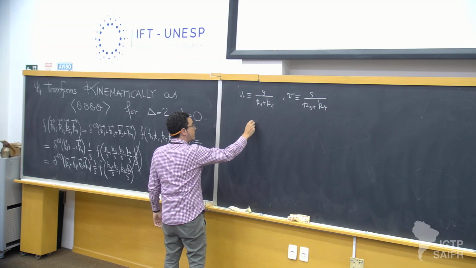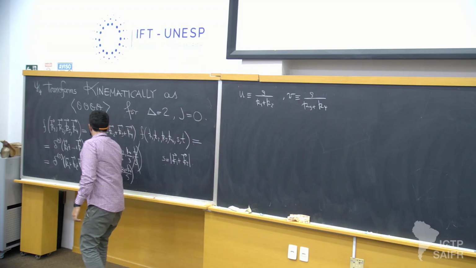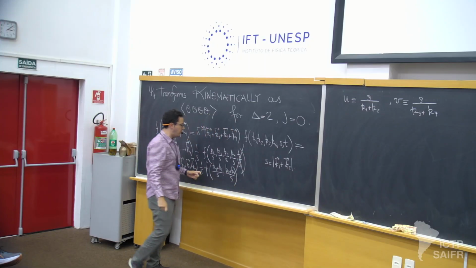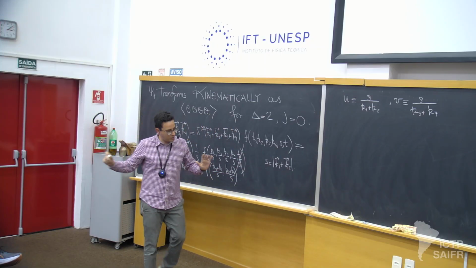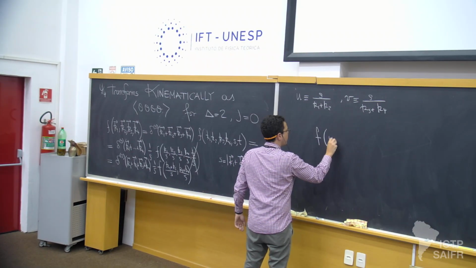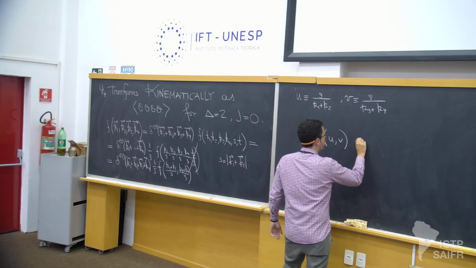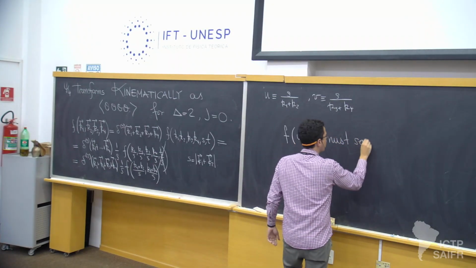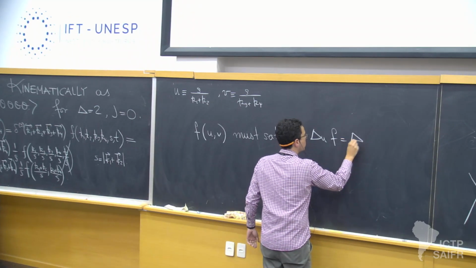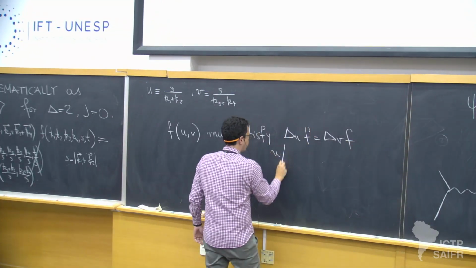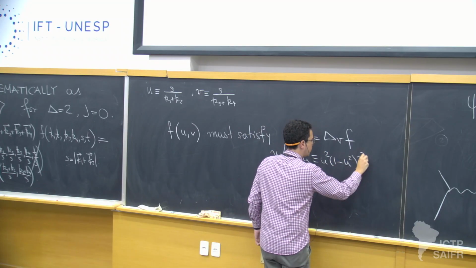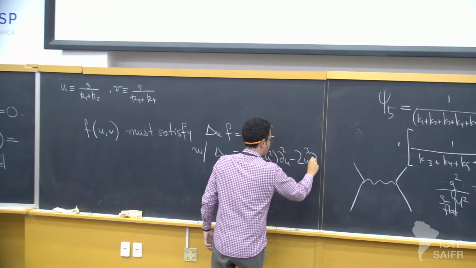So it turns out that this function f, by the way, I've been calling it f, but it's clearly not the same f. It depended on 6 variables, now it depends on 2. Mathematicians would be very upset with me. This function of u and v must satisfy Δ_u f equals Δ_v f, with Δ_u equals u squared times (1 minus u squared) ∂_u² minus 2u cubed ∂_u.